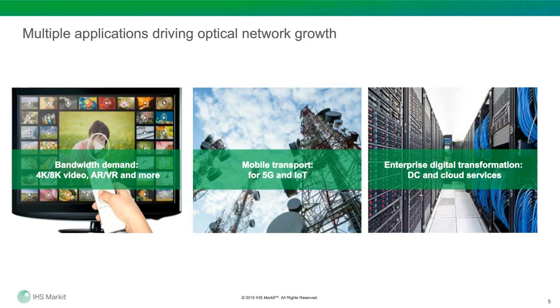First of all, it's common knowledge that the demand for bandwidth in optical networks is increasing dramatically. And what I'd like to do first is review some of the applications that are driving this demand. First, we have video streaming and augmented and virtual reality.